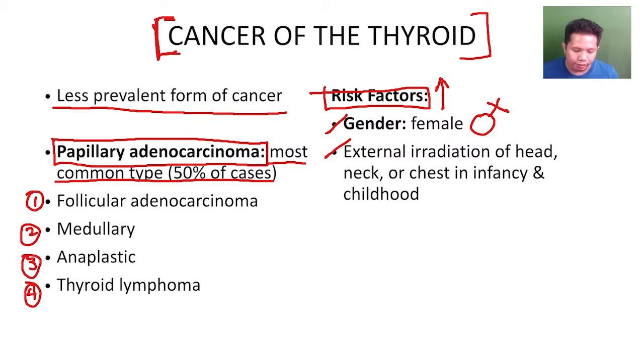Okay, so let's define irradiation first. It's the process by which the object is exposed to radiation. Okay, so na-expose yung head mo sa radiation, yung neck mo or chest during infancy or childhood, prolonged exposure. Okay, so next question, tatanungin niyo naman din ako, sir, usually ano ba yung mga causes ng radiation? Okay, so radiation is usually caused by infrared or visible lights.